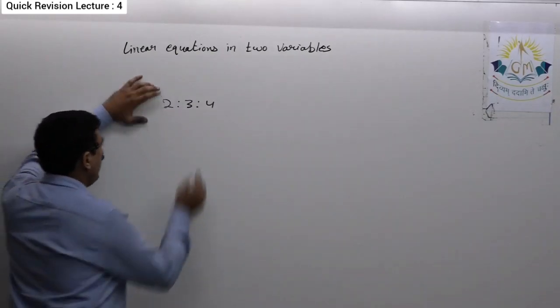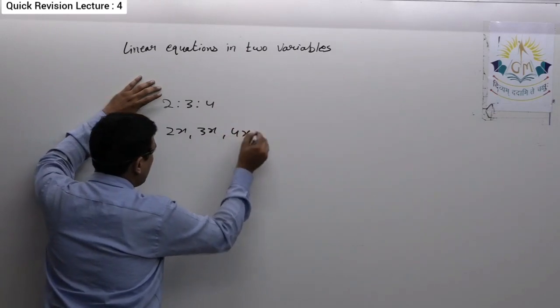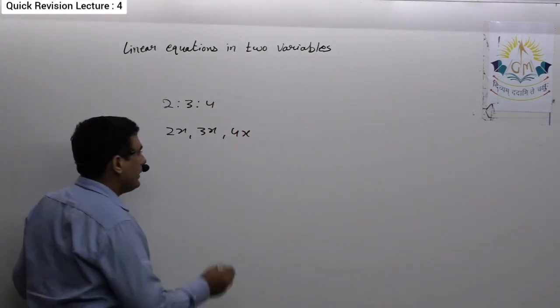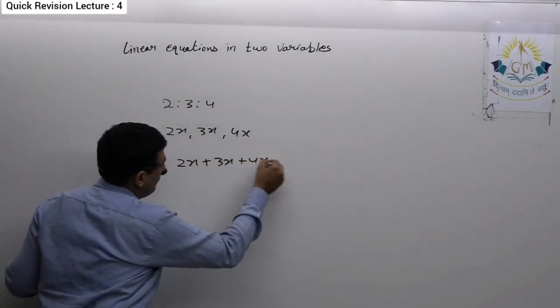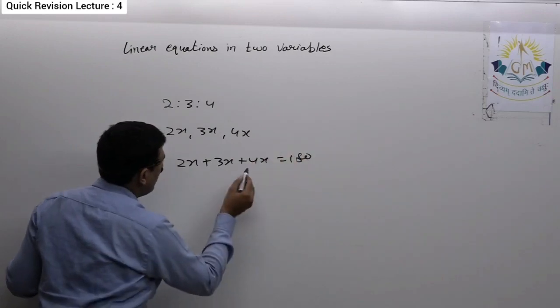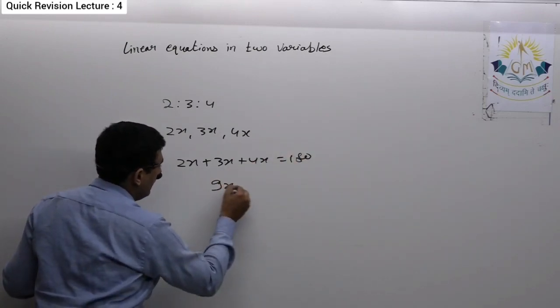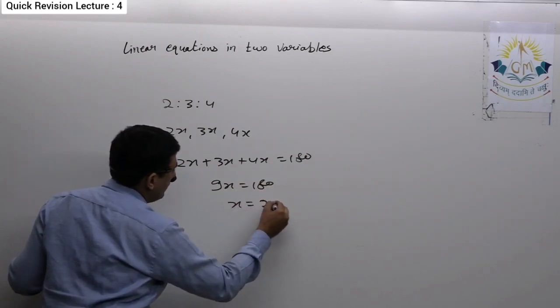As the ratio is given, we can say the angles are 2x, 3x and 4x. Also these are the angles of a triangle, as given in the question, so I can say their sum will be 180. So this gives you 9x equal to 180, hence x will be 20.